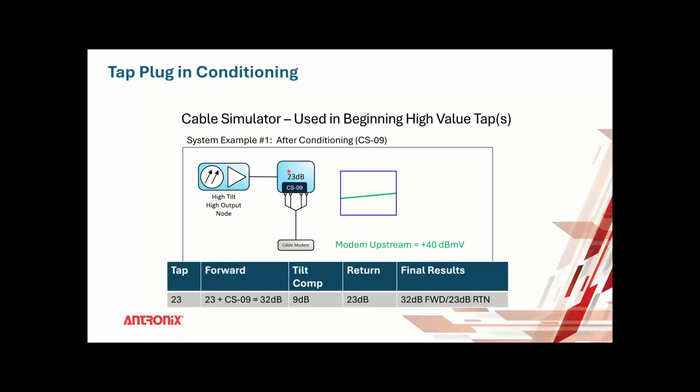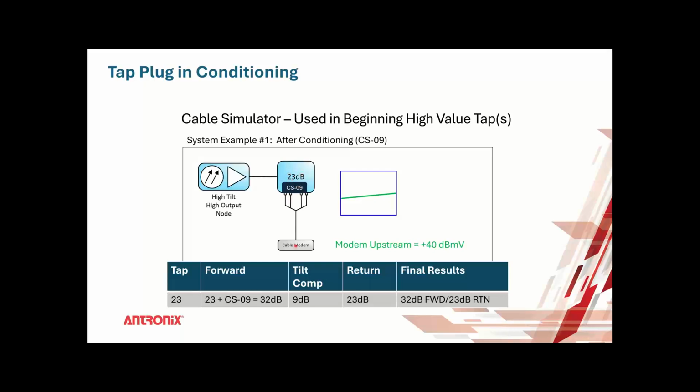Simply changing this tap to a 23 tap and a cable simulator of 9 dB means in the high frequency band I'll have 9 dB more loss. So I will have a 32 dB tap in the high frequency band, but in the low frequency band I have 23.